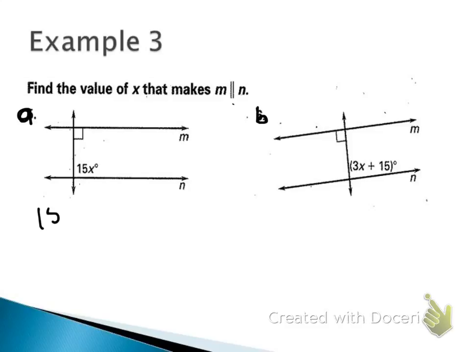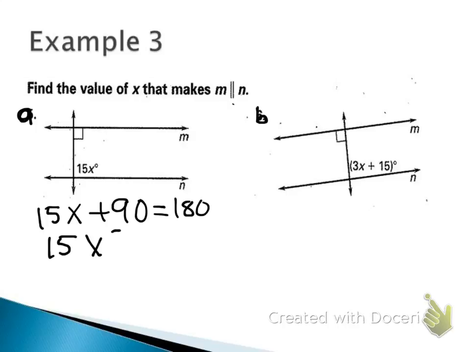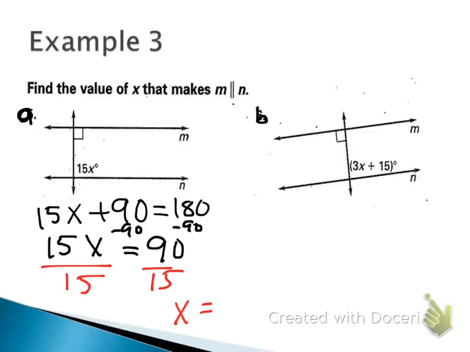So I need to do 15x plus 90 equals 180. Alright, so I need to subtract 90 from both sides. So I have 15x equals 90. And then divide both sides by 15. So x is going to equal 6.